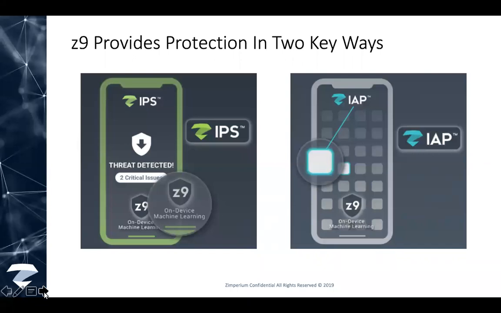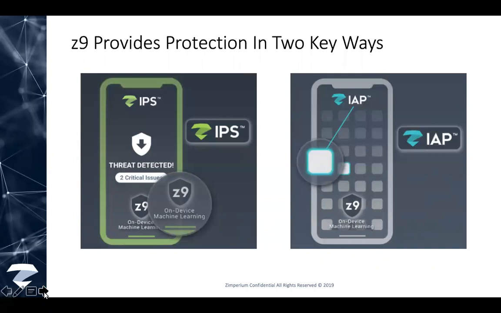I use consumer banking, A, because finance was the #1 cyber attack target in NDB, but also we have many customers, and one is an easy example of both of these for me: a major financial institution, one of the biggest in the world that we work with, that is using ZIPS to protect hundreds of thousands of their employees, and they're using ZApp to protect tens of millions of mobile banking users.